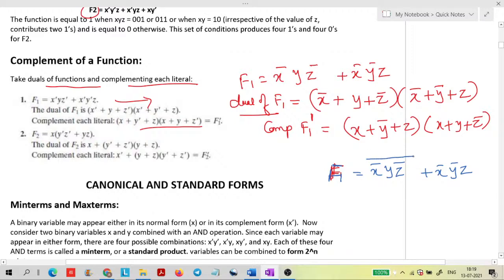Here complement means you can use it in this way also.